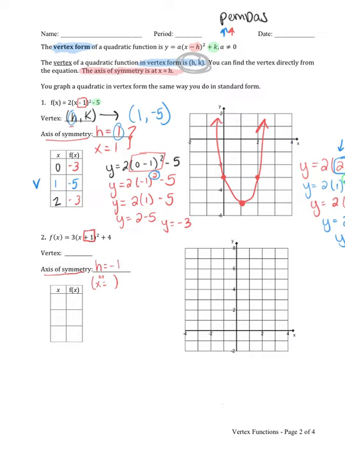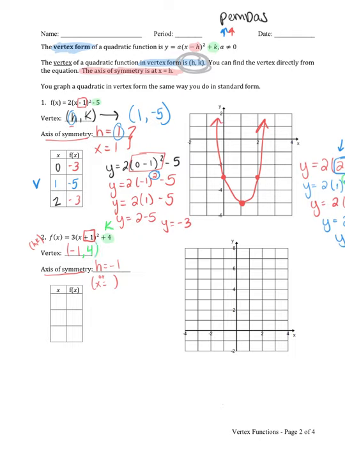And don't forget that your vertex is H comma K. So the first number in my vertex is going to be a negative 1. Then you need to remember that our K is just this end number with the sign staying the same. So here we had a positive 4, so my K is a positive 4.